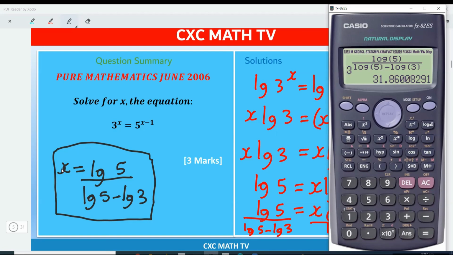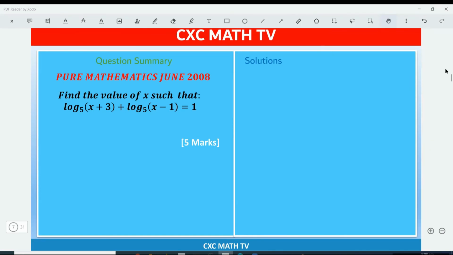So when x is this particular value, we got 31.86. Let's check and see if the right-hand side will also give us that same value. Remember it was 5 to the x minus 1. So just going to put a minus 1 here and change the number 3 to 5. Look at that. We still have 31.86. So we'll see that our answer is correct. All right, so we're nice.